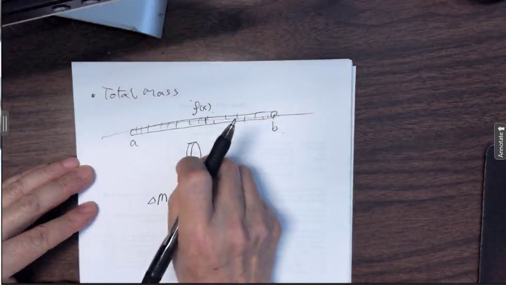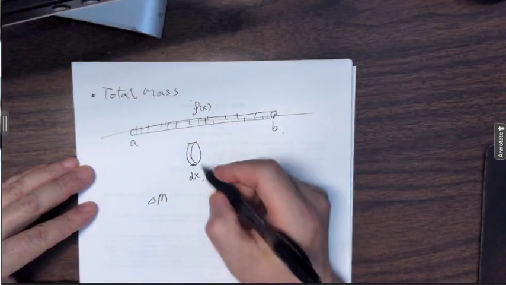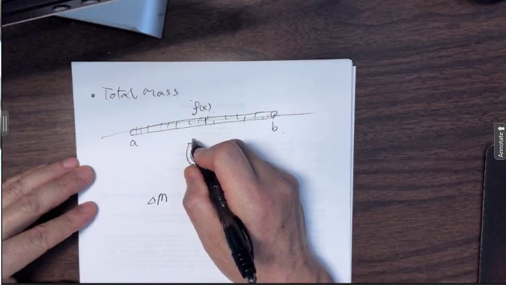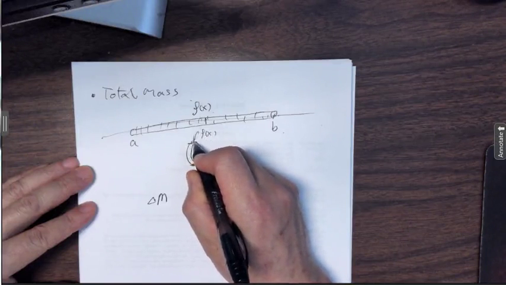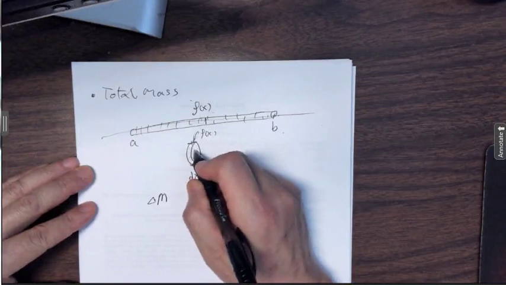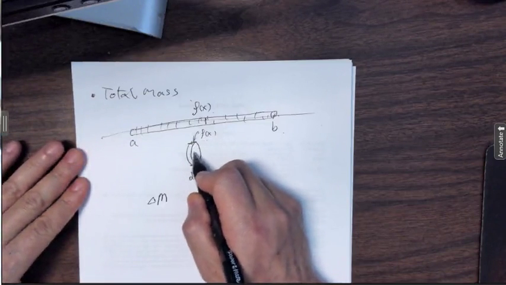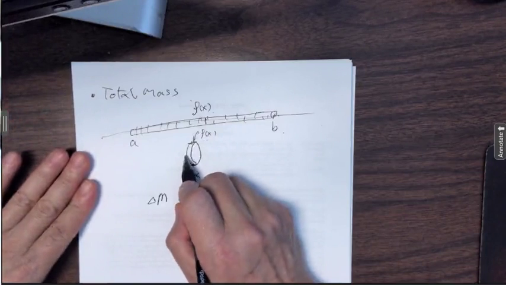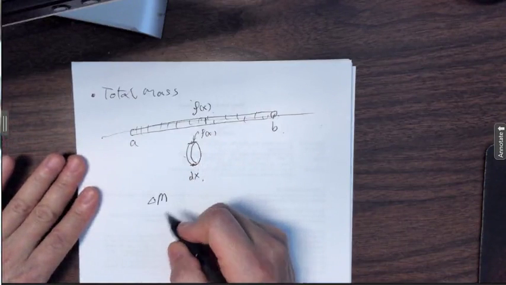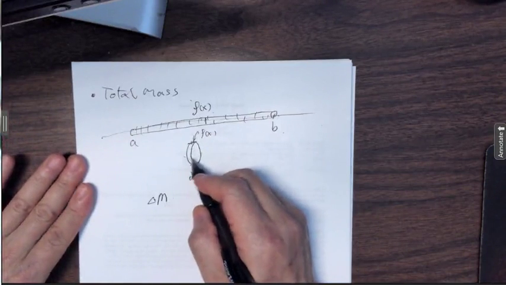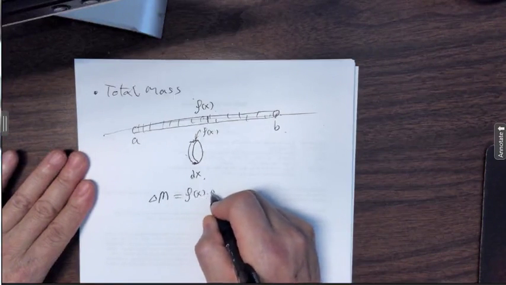Since this piece is so thin, we can take the density at any point across it and roughly consider the density to be the same from one side to another. So the mass of this short piece would be the density times the length.